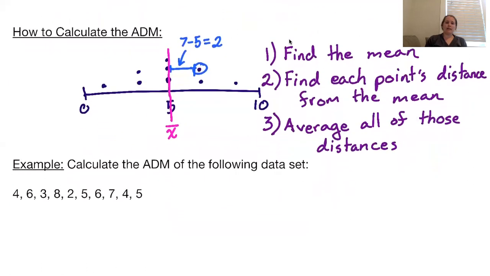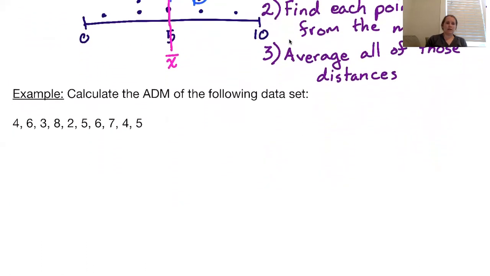So I have a data set here, 4, 6, 3, 8, 2, 5, 6, 7, 4, 5. Our job is to calculate the ADM. Again, the first thing we need to do is simply find the mean. To find the mean, we are going to add them all up and divide by the number of data values.